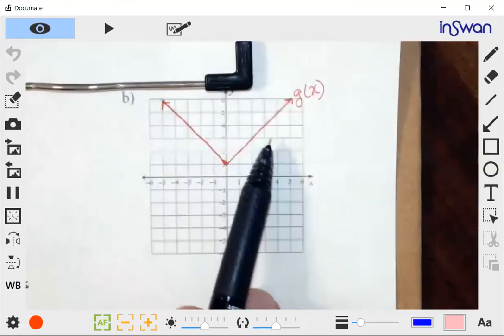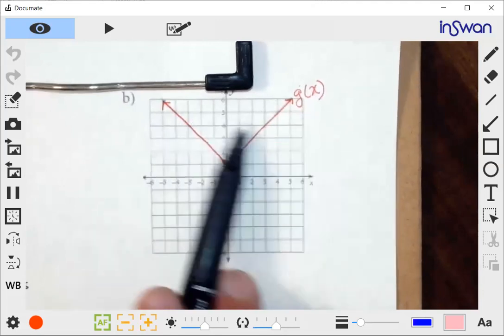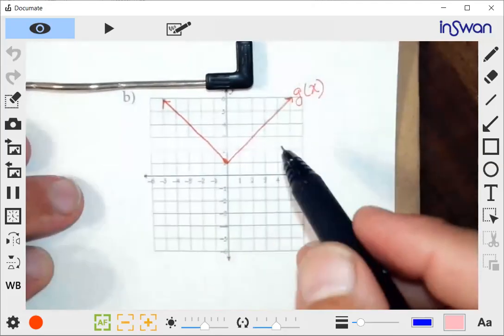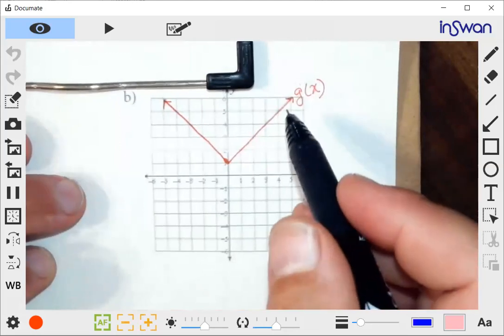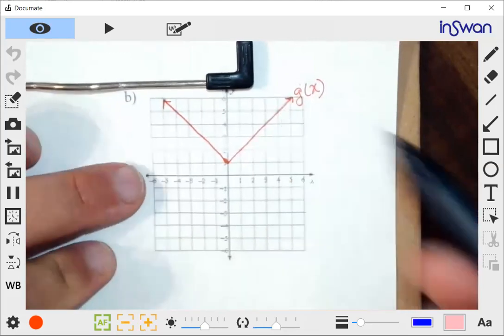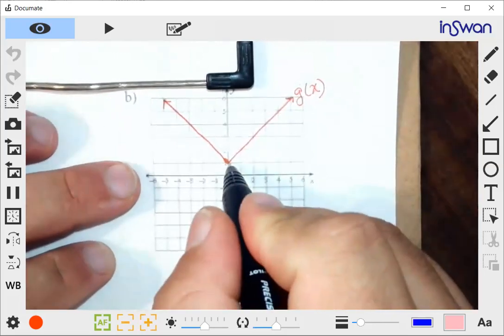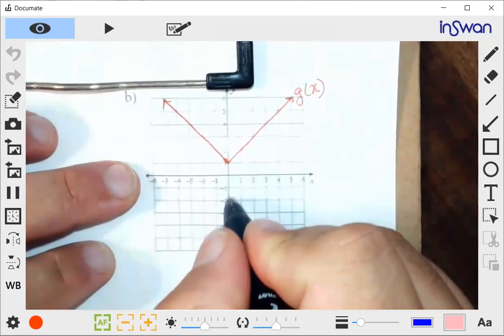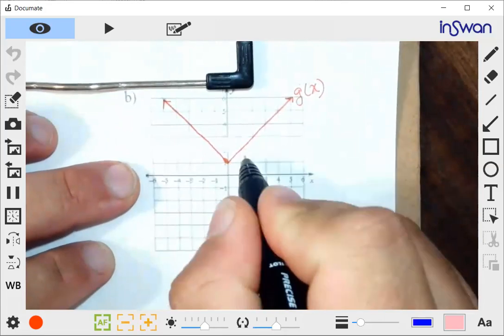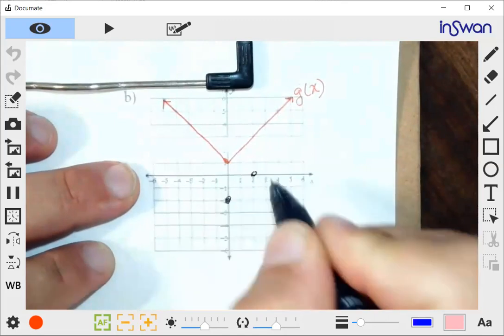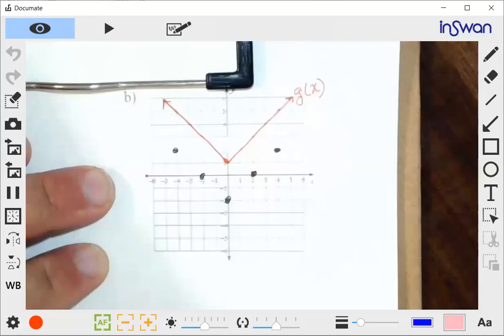Well, let's say that we had another function, and this function was g of x. And I wanted to move this function downwards by 3 units, right? I could take every point and go 1, 2, 3 units down at every point that I have, and do that for each one of my points.